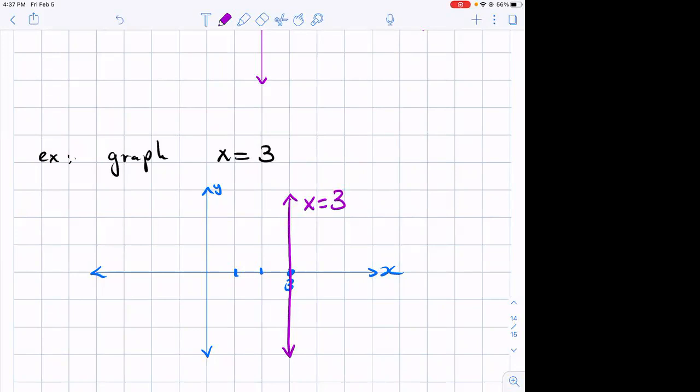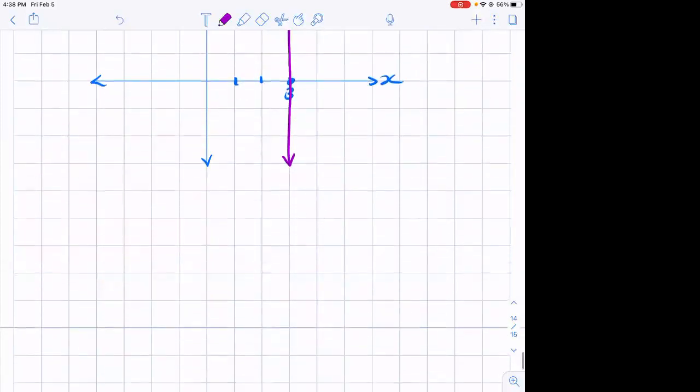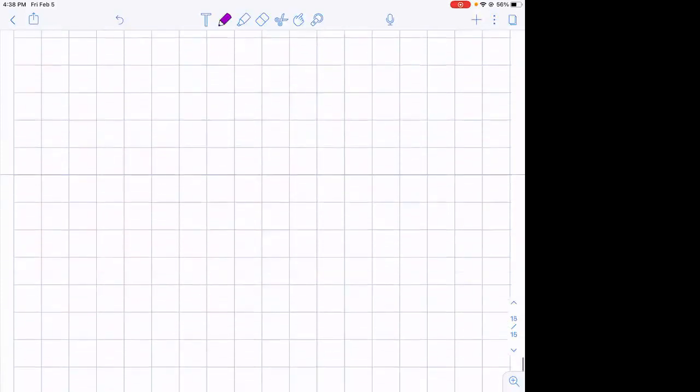So these are two sort of odd ones, right? Another one that may look odd, but it's not, is if I ask you to graph y equals 3x. Okay? So you're probably asking, well, where is the y-intercept?